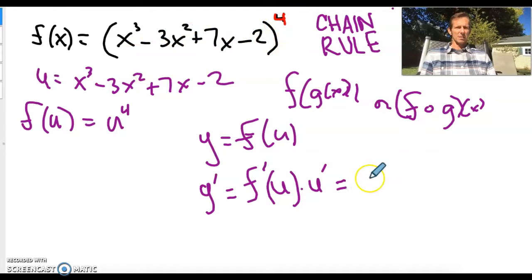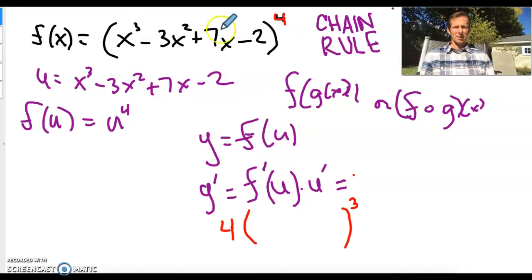And the rule for that is the 4 drops in front. I'm going to write it underneath here. The 4 drops in front. Whatever's in the parentheses stays in the parentheses, because that's not part of the rule. The rule just reduces that exponent by 1. That is the rule for f prime, the outside function. So inside of that still lives this entire expression.